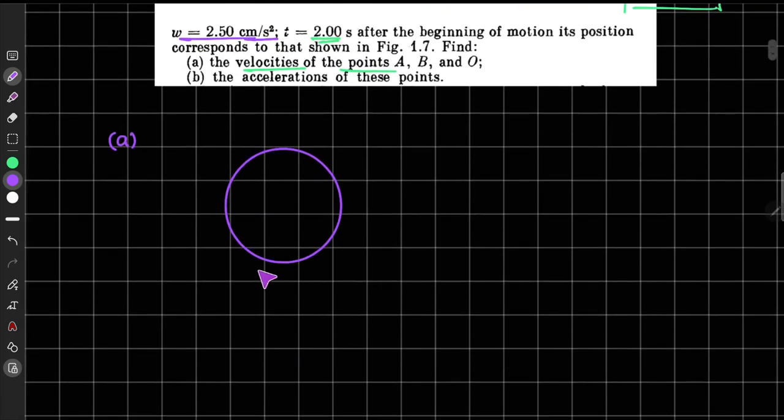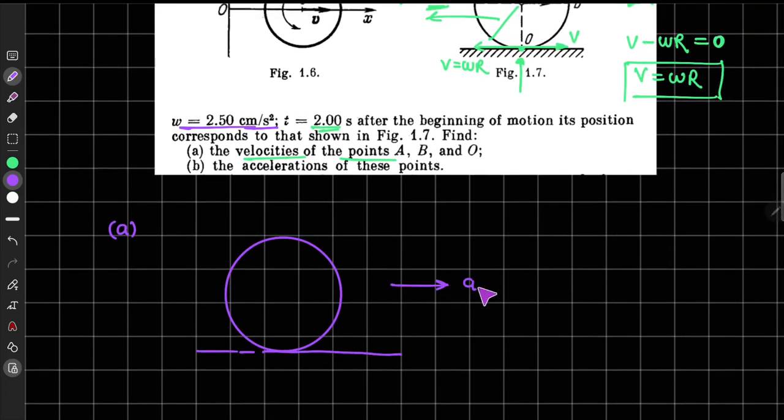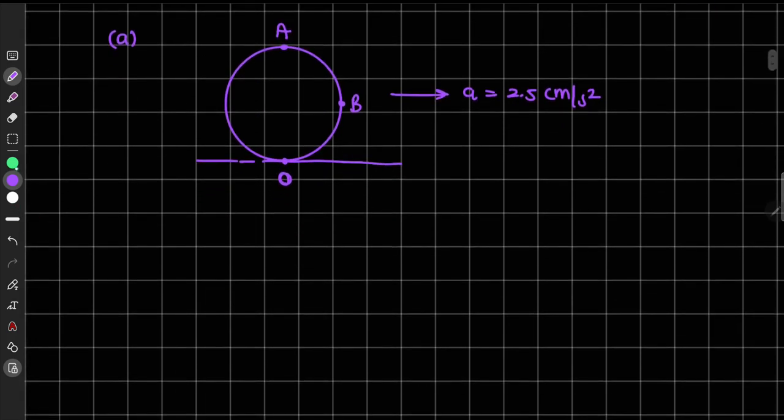In part a, the ball has the acceleration of 2.5 centimeter per second square, point A is the topmost point, B is here, and this is point O. Let us first talk about point O. At point O, we have the velocity v in this direction and omega r in this direction, and both are equal.